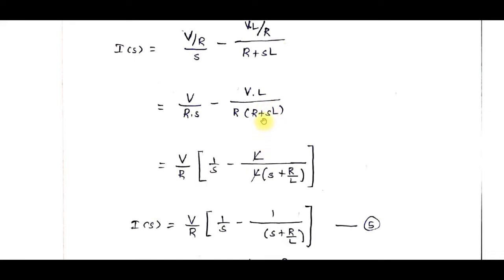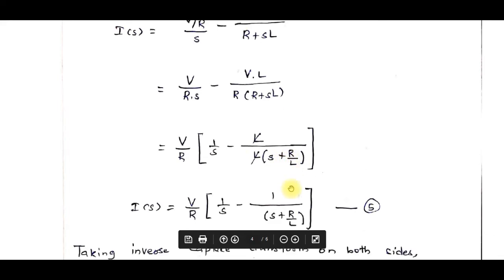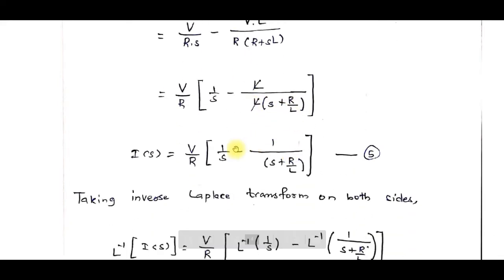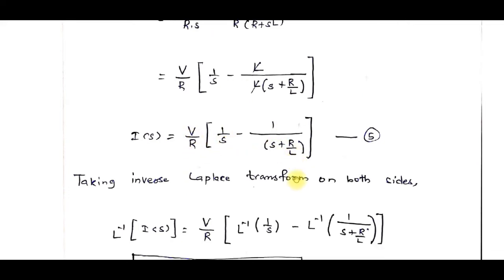Okay, so here we are taking L as common. So if we take L as common, we have s plus R by L in this term. So L and L will be cancelled. Then I of s equal to v by R into 1 by s minus 1 by s plus R by L. Okay, so this equation will be 5.